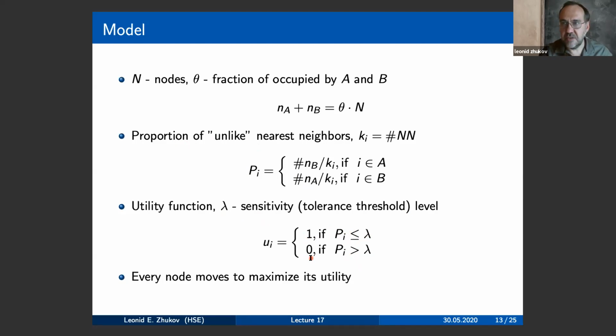You can change it to whatever you want. And then pretty much on every step, every agent moves to maximize the utility function. In this case, the utility function is binary, so all empty locations will have equal utility for the agent, I mean, if it satisfies the constraints.